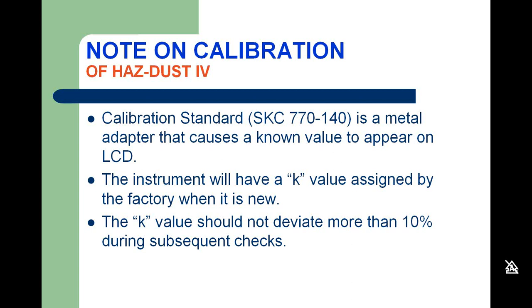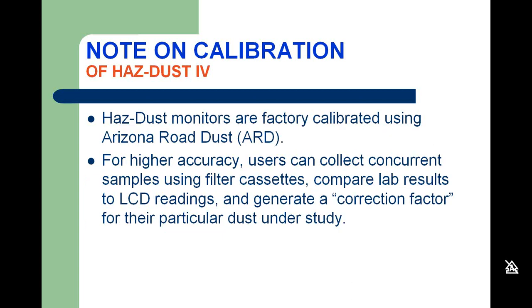The K value should not deviate more than 10% during subsequent checks. HAZDUS monitors are factory calibrated using Arizona road dust. For higher accuracy, users can collect concurrent samples using filter cassettes, compare lab results to LCD readings, and generate a correction factor for the particulate dust under study.